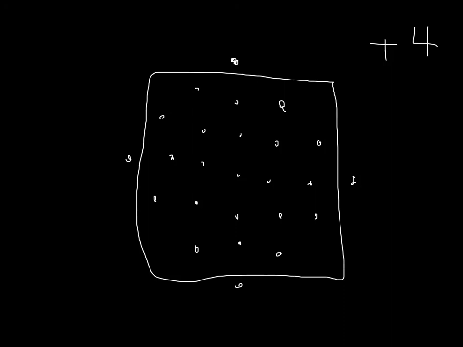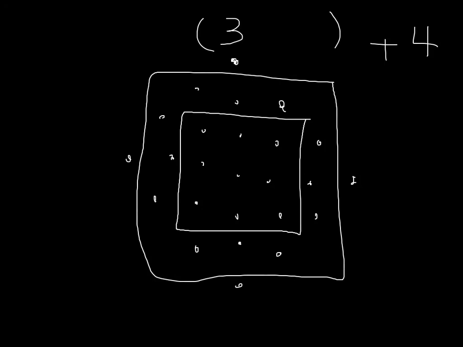Let's continue. Now I can see that I have 3 right there, 3 right there, 3 right there, and 3 right there. So I could say that is 3 times 4, right?